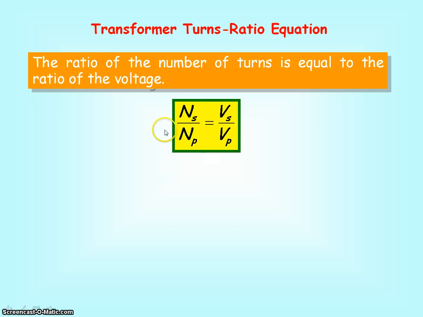So if the number of turns in the secondary coil is twice that in the primary coil, giving us a ratio of 2 to 1, then the voltage ratio ought to be 2 to 1. That is, the voltage across the secondary coil will be twice that across the primary coil.